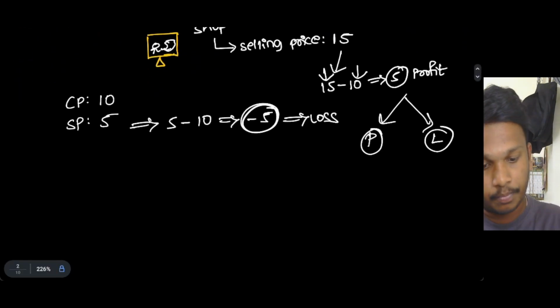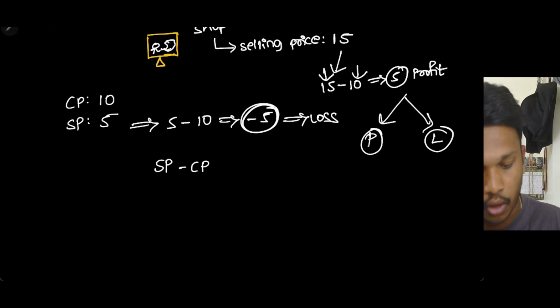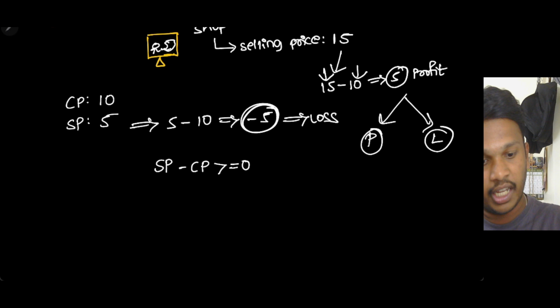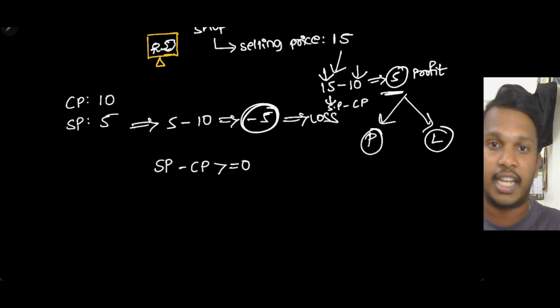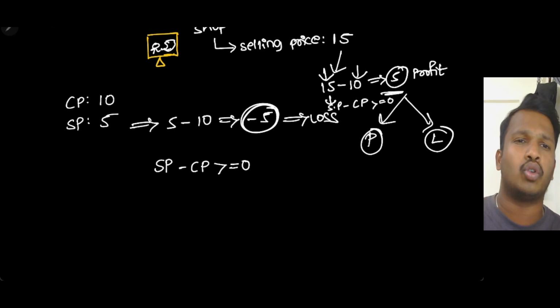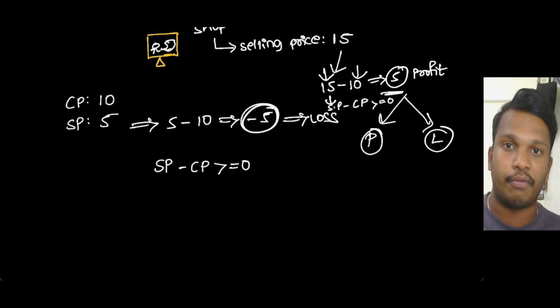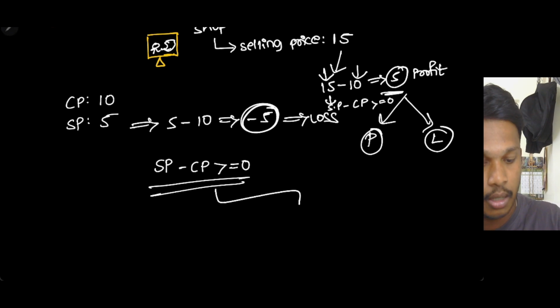First we will do selling price minus cost price, SP minus CP. If it is greater than or equal to 0, here 5 rupees, 0 is also okay, consider 0 also as profit. 0 rupees profit, 1 rupee profit, 2 rupees profit, like this. So it will be considered as profit.